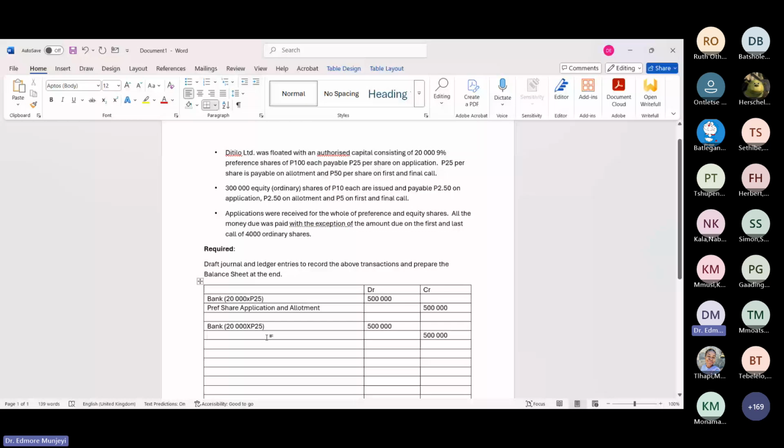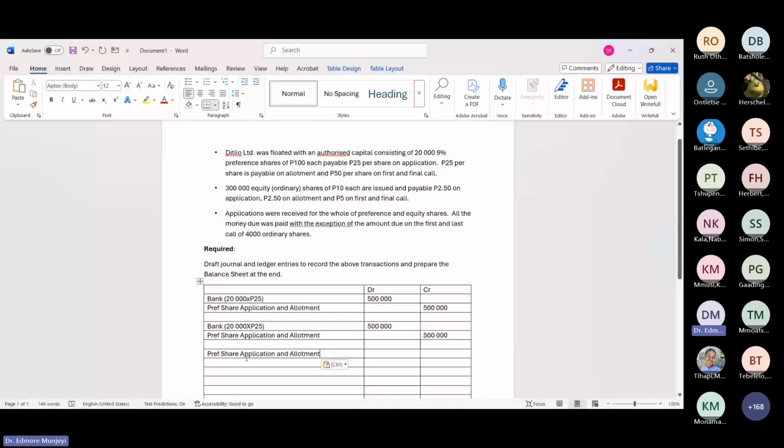Now after this, we have to close this. When we are closing, remember what we said. We're going to say preference share application and allotment 500,000.